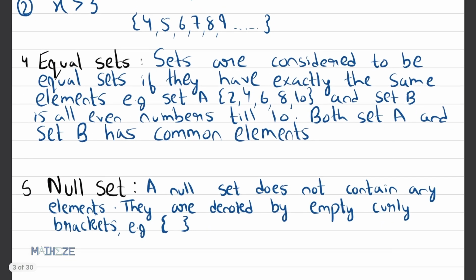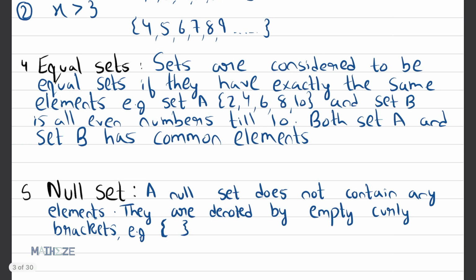After this comes equal sets. Equal sets are those sets when two sets are exactly same. Let's say set A is 2, 4, 6, 8, 10, and set B is all even numbers till 10. So our set A and set B are exactly same. That means, bacha, this is equal set.